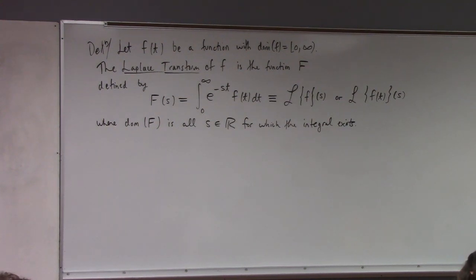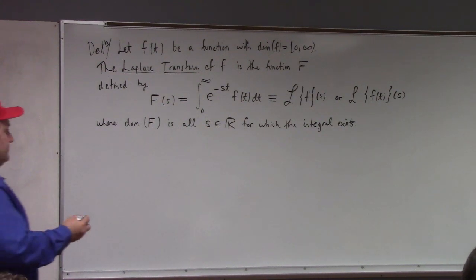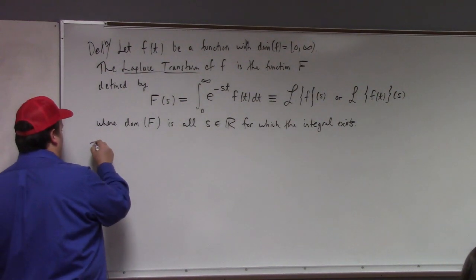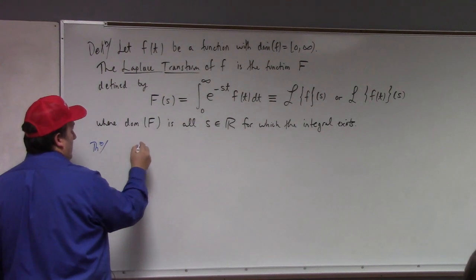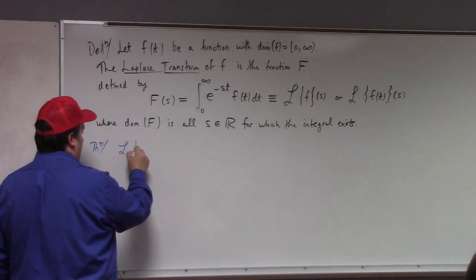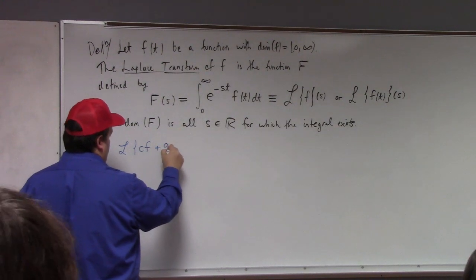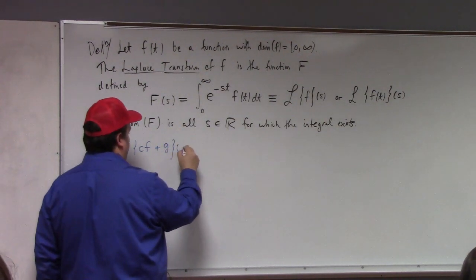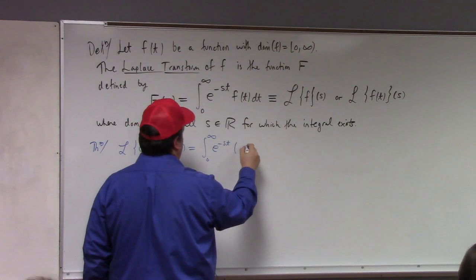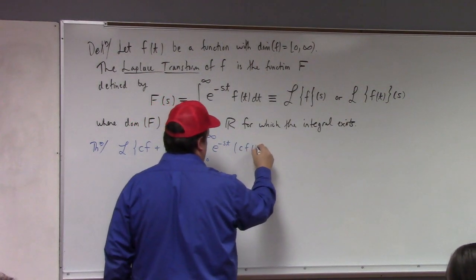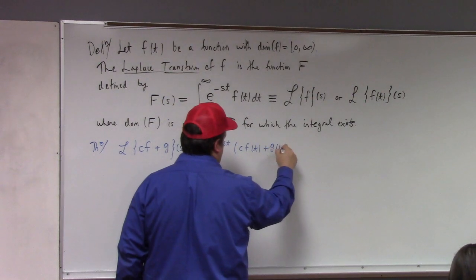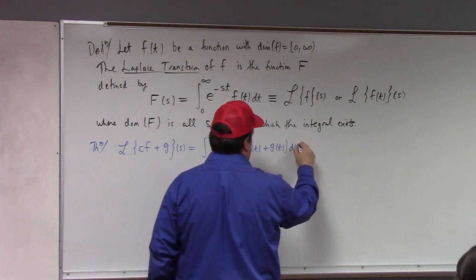All right. So, let's lead off with a theorem. The Laplace transform of a constant times one function plus another function, right, is what? The integral from 0 to infinity of e to the minus st times c f of t plus g of t dt, right?